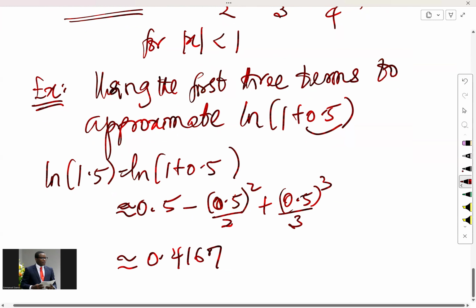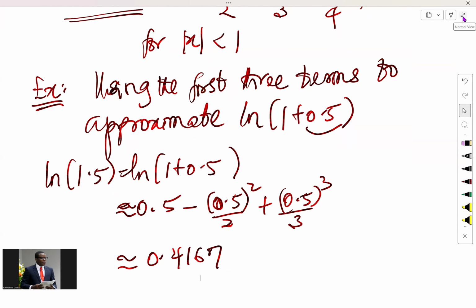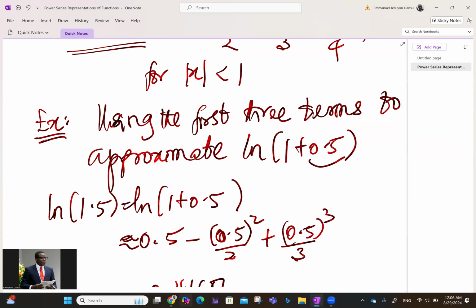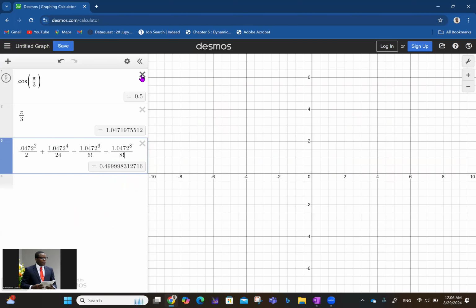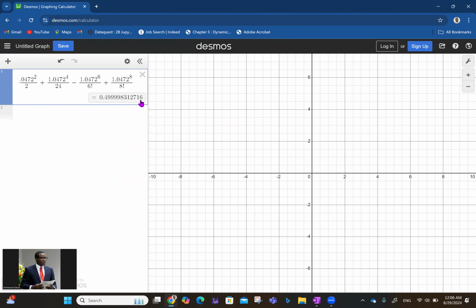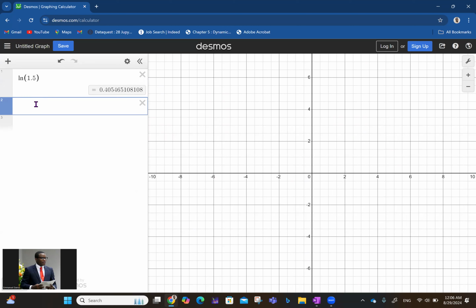So let's see the exact value of ln 1.5 and see the approximated one. From Desmos now, we see that ln 1.5 is 0.4055. That's still approximated in a way, but it is even more approximated when you use power series. So ln 1.5 is basically ln(1 + 0.5).